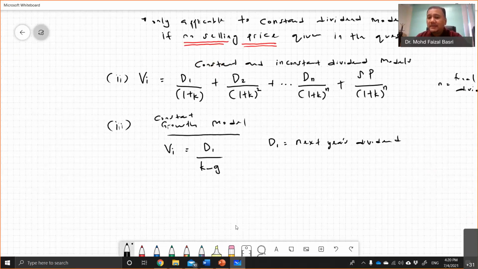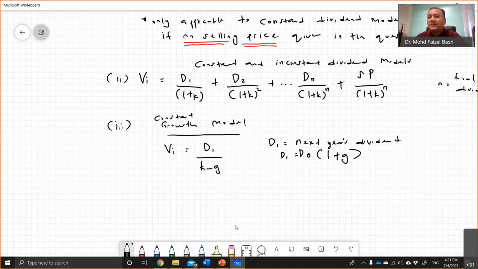There are 2 possibilities. Either the question can give you D1 directly, or in order to find D1, you need to calculate based on D1 equals D0 times 1 plus G.